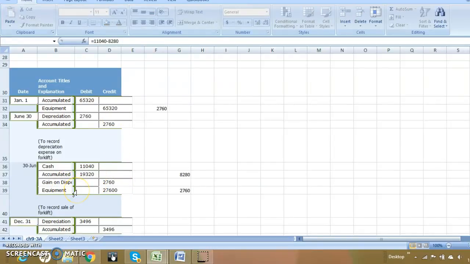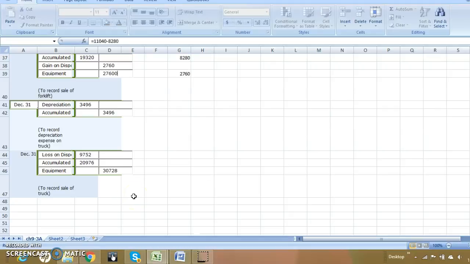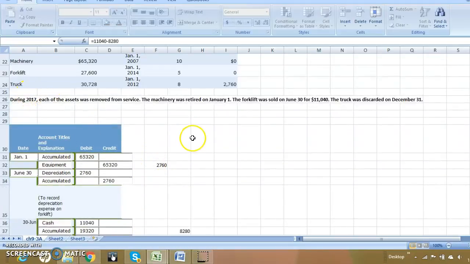Gain on disposal of plant assets is 2,760, and we're getting rid of the equipment, recorded as a credit for 27,600.